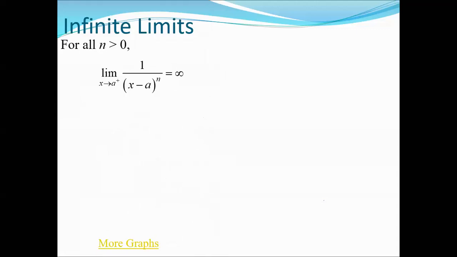In the previous example, the point is at infinity and we get either a finite limit or an infinite limit. Now the point is finite and we get an infinite limit. Here x tends to a, 1 by (x minus a) to the power n is again infinite.